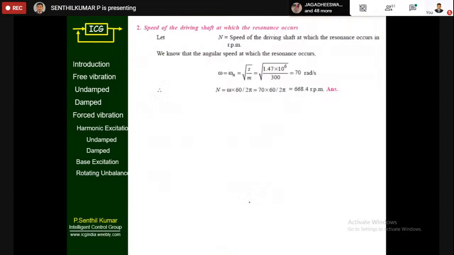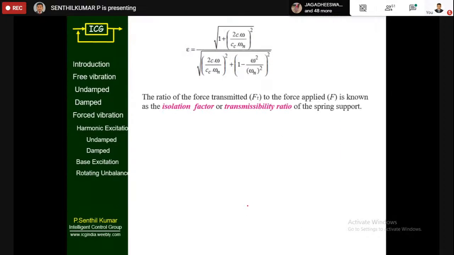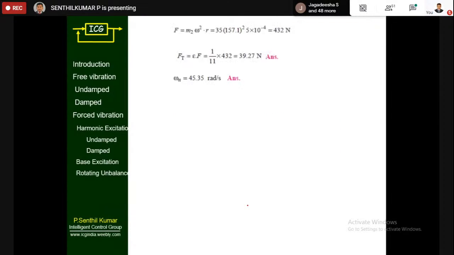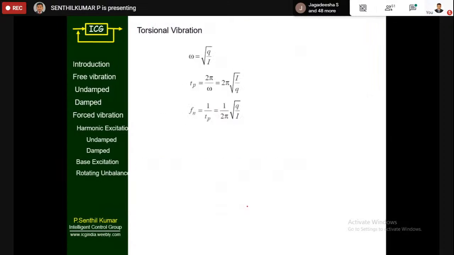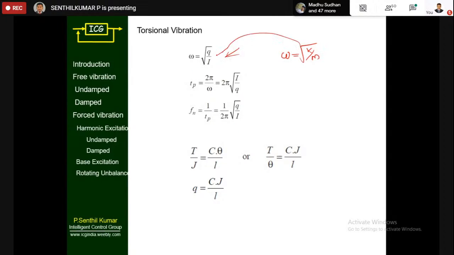In the formula, I hope you have what the faculty member discussed. And come to the last unit, torsional vibration. Instead of discussing everything in terms of linear, here it is rotational. The same terms are replaced: q by I, where q is torsional stiffness divided by moment of inertia.